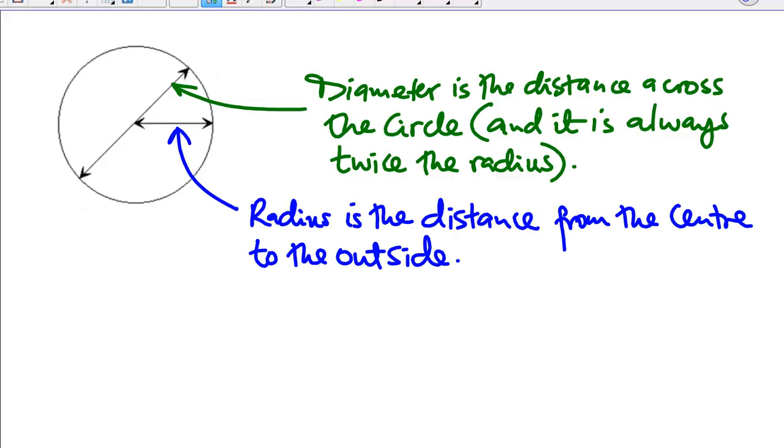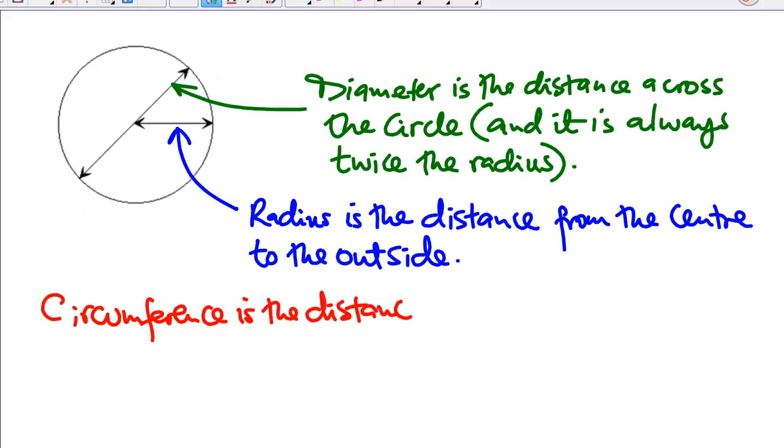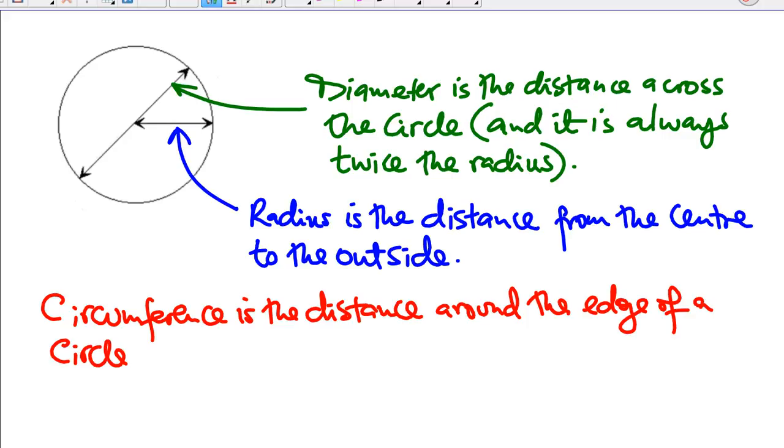Now, circumference is the distance around the circle. So what I mean here is this distance here, the distance around the circle, this one, is what we mean by circumference.